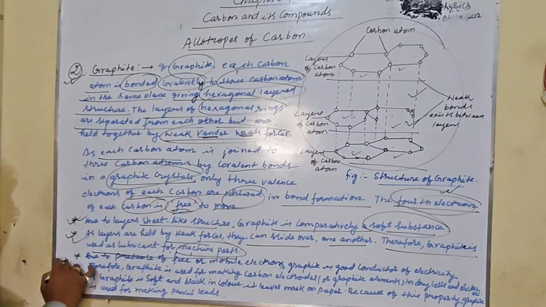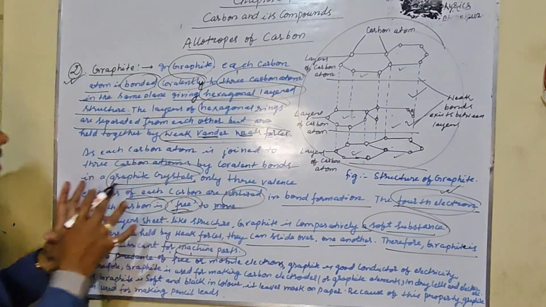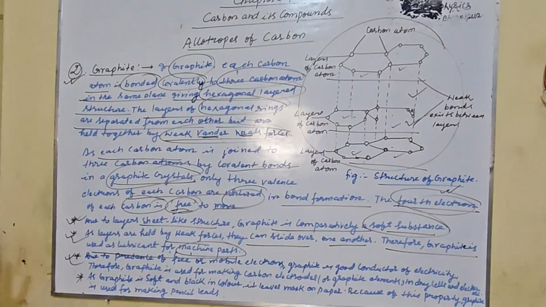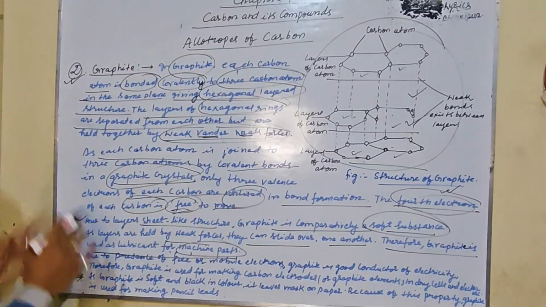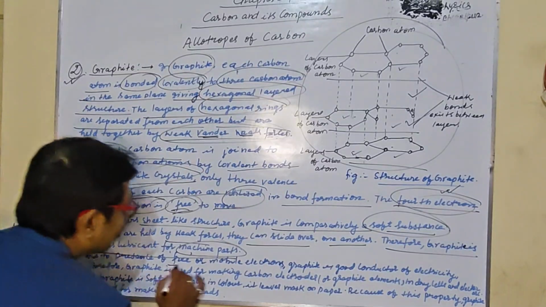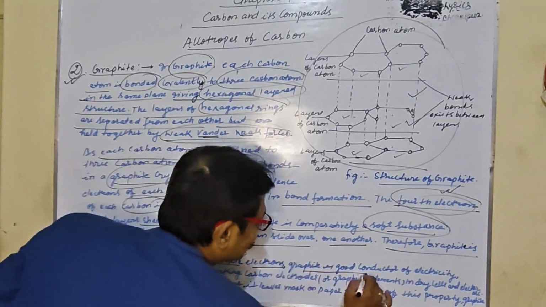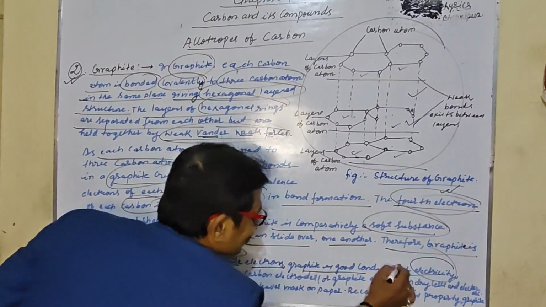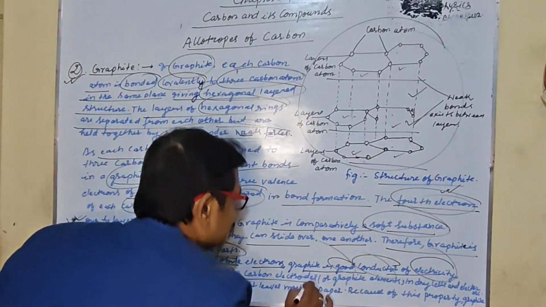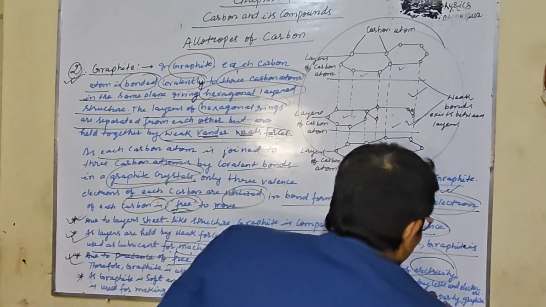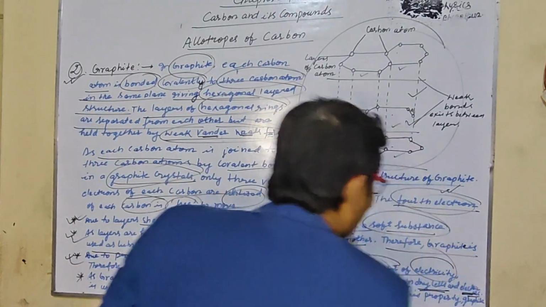Third, only 3 electrons are used during bond formation and the 4th electron is free and mobile, so graphite is a good conductor of electricity. Therefore graphite is used for making carbon electrodes or graphite elements in dry cells and electric arc.